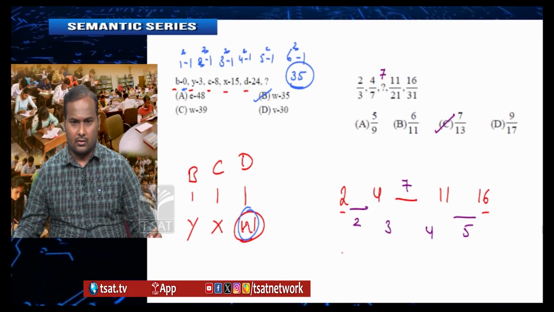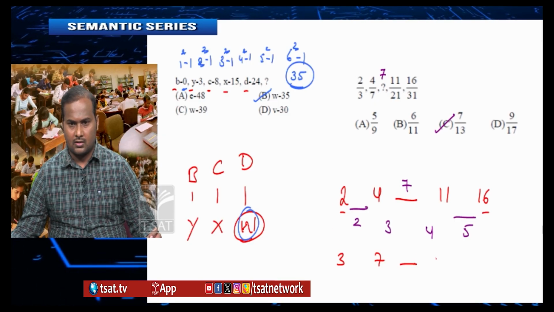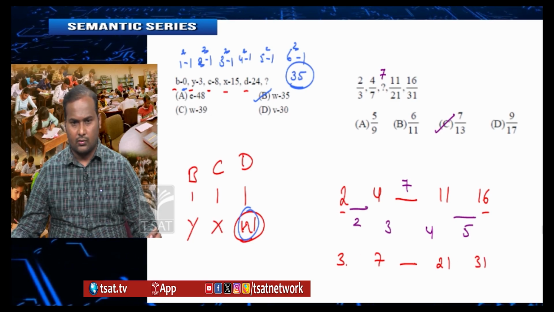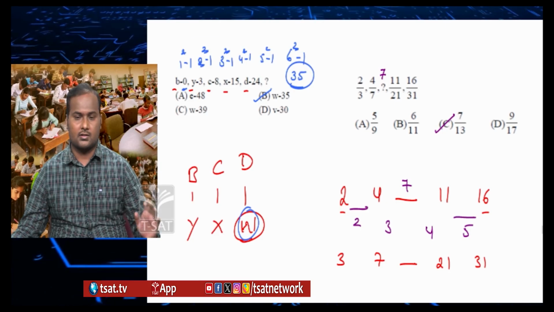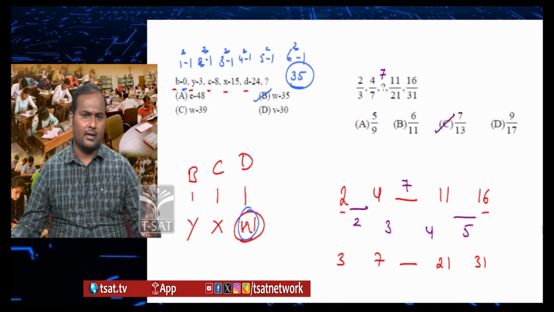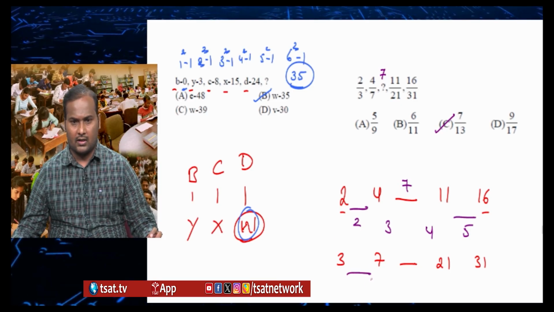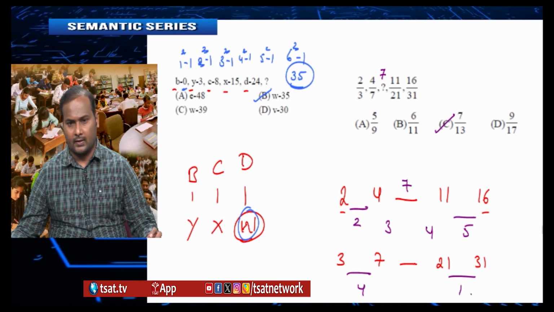Anyway, we will check the denominator also. In the denominator, the series is 3, 7, find out the answer, then 21 and 31. Here also, 3 and 31 and in between there are extra terms. So I will take the difference again. Here the difference between 3 and 7 is plus 4. Between 21 and 31 it is 10.